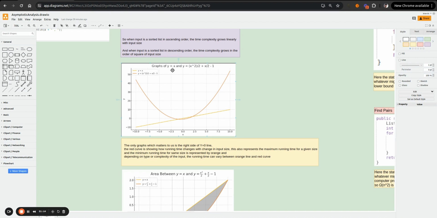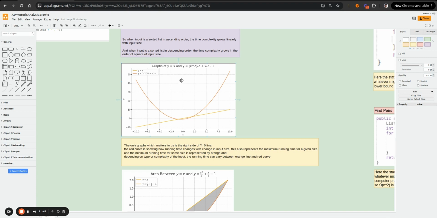So the lowest number of instructions needed to complete this algorithm is 2, and the highest number of instructions the algorithm takes to complete execution for input size 2 is 4. So this is the maximum number of instructions it can take, and this is the minimum.